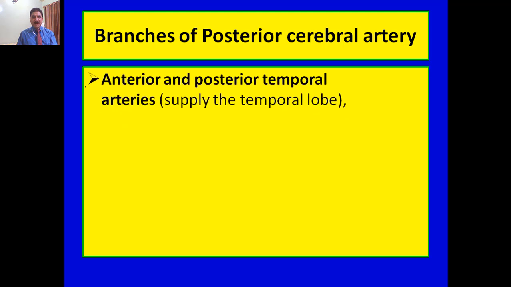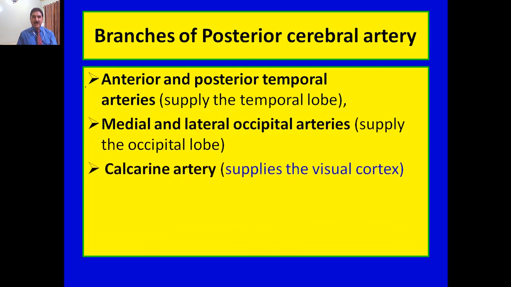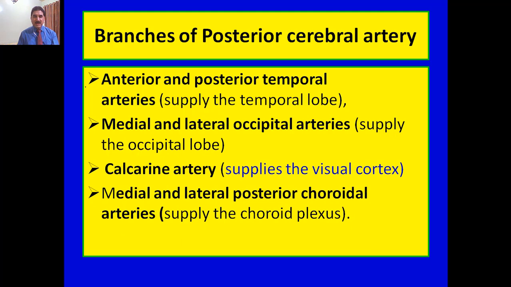Branches of the posterior cerebral artery are the anterior and posterior temporal arteries, which supply the temporal lobe. The medial and lateral occipital arteries supply the occipital lobe. The calcarine artery supplies the visual cortex; involvement of this vessel leads to homonymous hemianopia.